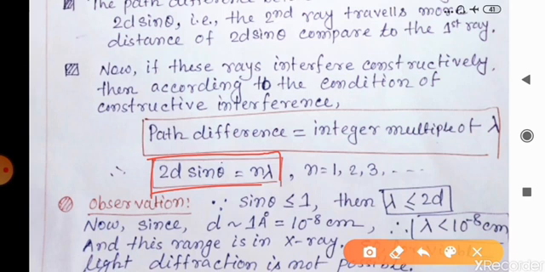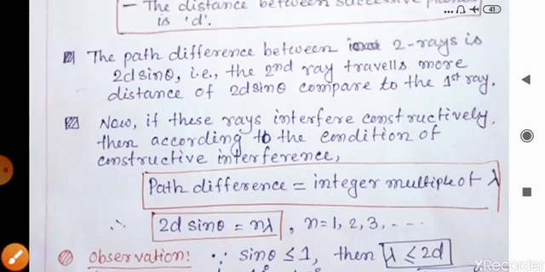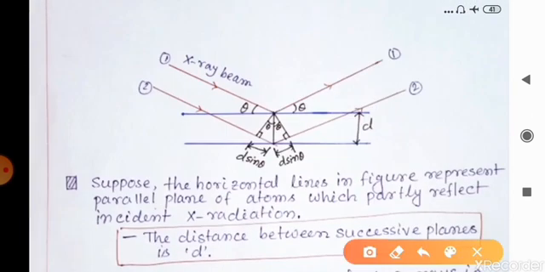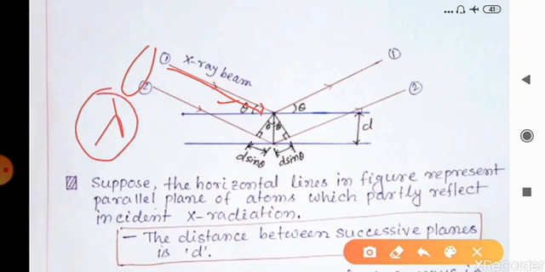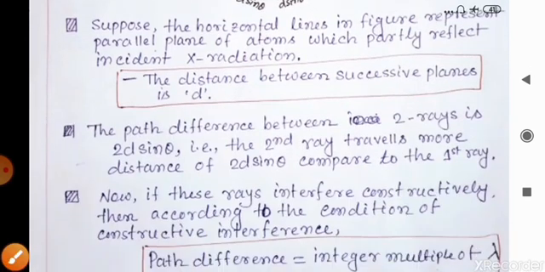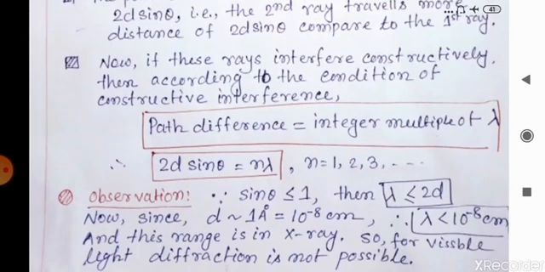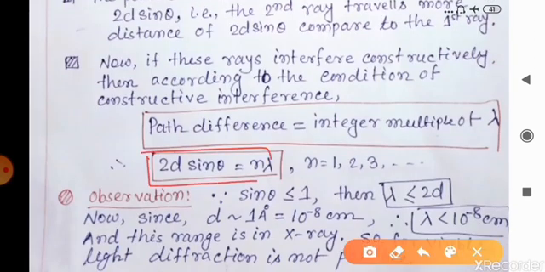Theta is known to us by changing the angle of the incident ray, and lambda is also known. So if we know the first order or second order diffraction, that means if n is also known, then from this relation we can find d, the interplanar spacing, the atomic planar spacing.